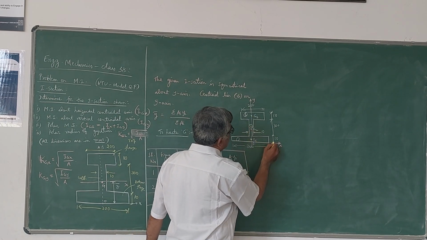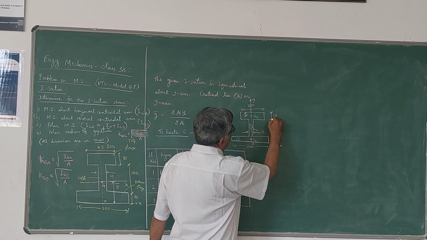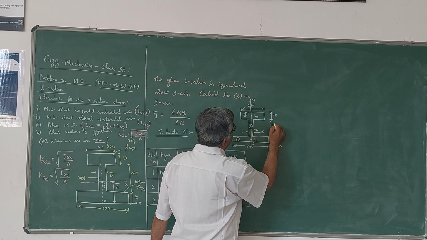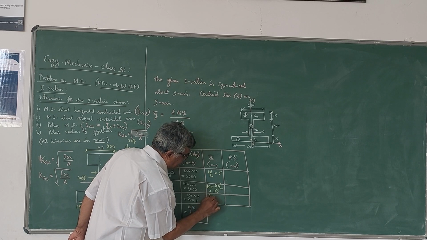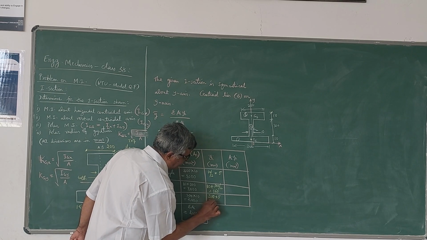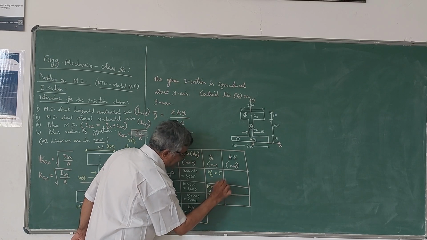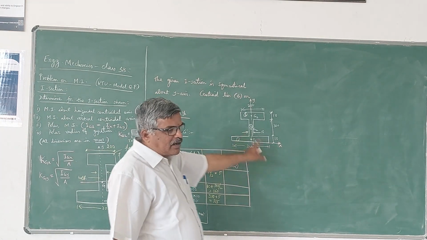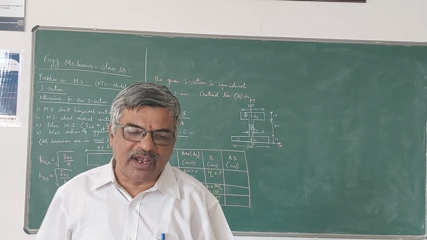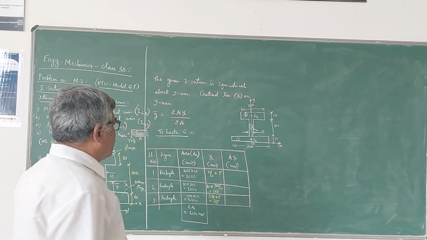G3 will be at a distance of 10 plus 300, that is 310, plus another 5, which is 10 divided by 2. So 310 plus 5 is 315 mm. This is the value of yi. Please note that all the centroids are above the x-axis, therefore the yi values are all positive.